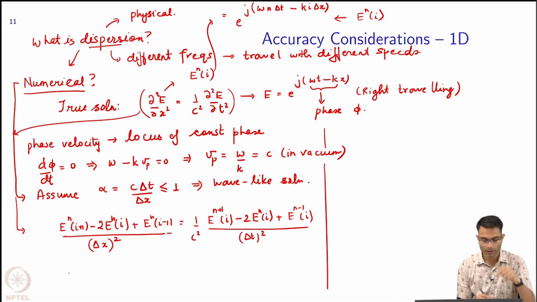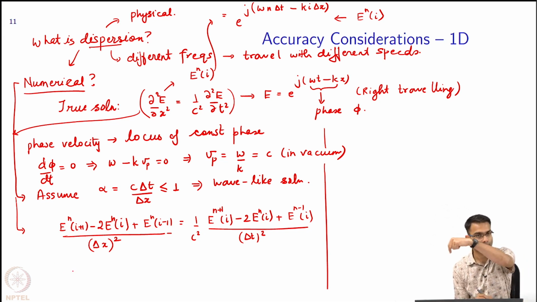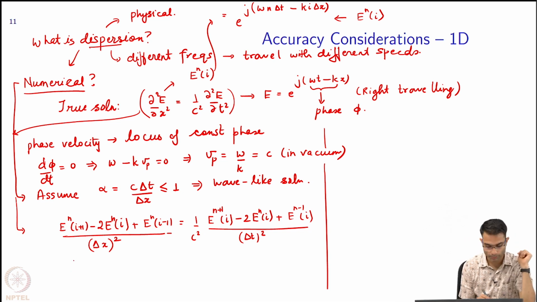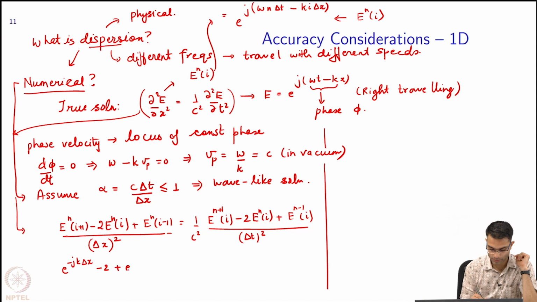The first term will have I plus 1 into x, the I x is gone away. So, I am going to be left with e to the minus j k delta x minus 2 plus e to the j k delta x, divided by delta x squared.